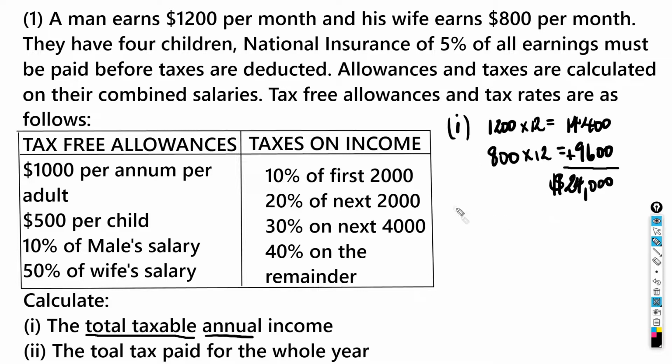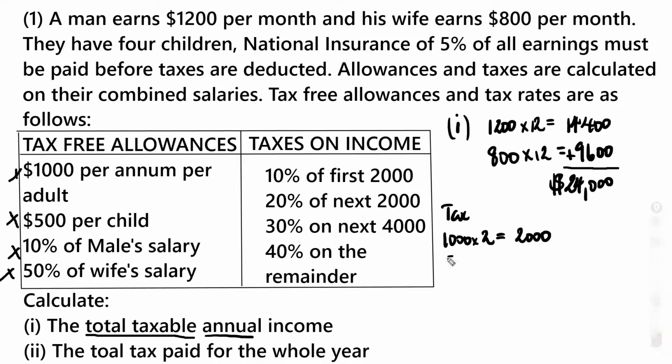So we need to subtract the tax-free allowances from the income they earn, and see what the taxable income is. For the tax-free allowances, remember you have $1,000 per adult, so that's 1,000 times 2, because it's 2 adults, so that's $2,000.